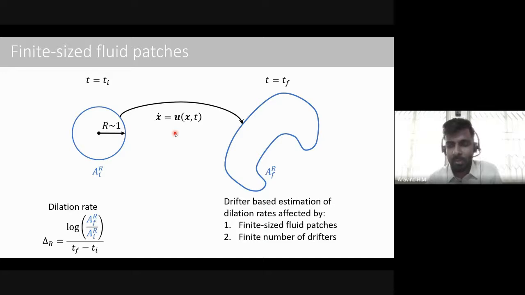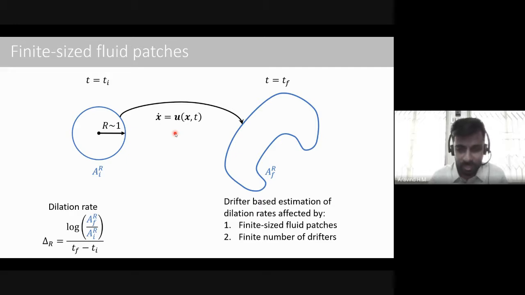Now, we'll probably need to make dilation rate measurements at different regions in the domain. So we probably need to try to do an optimization of the number of drifters versus the number of dilation rate measurements we need.